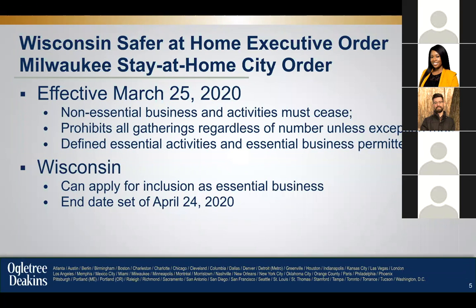It might end sooner. I think it's probably more likely to be extended, if anything. But for now, we have an end date in sight, whereas with the Milwaukee order, it's going to require Mayor Barrett to take some action to end that order.